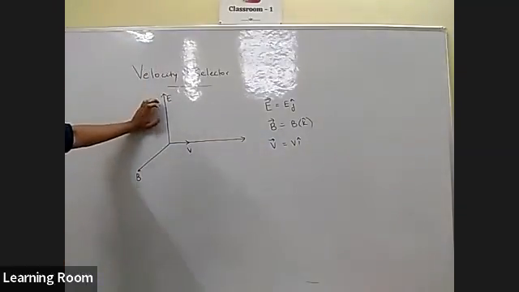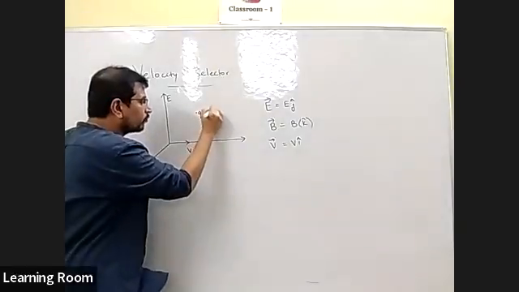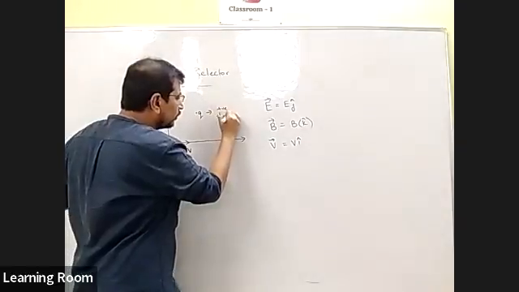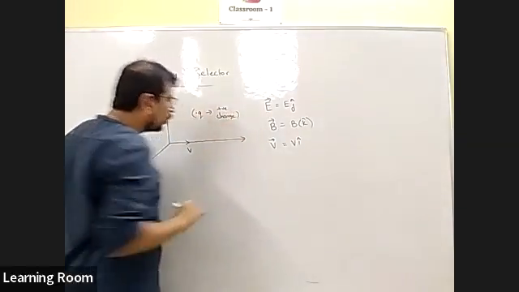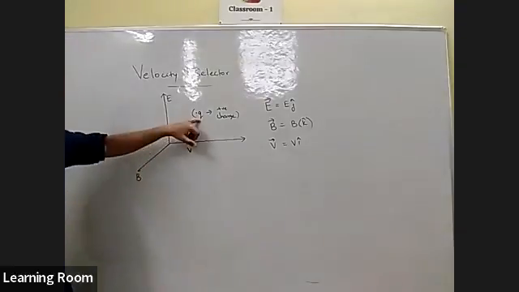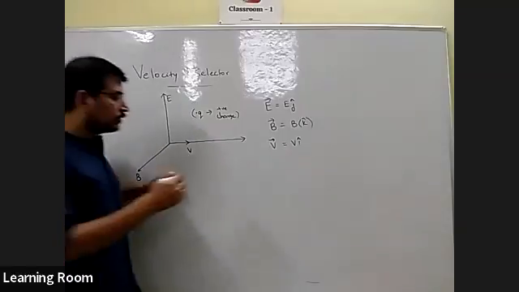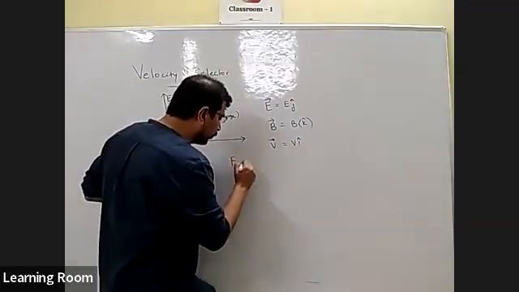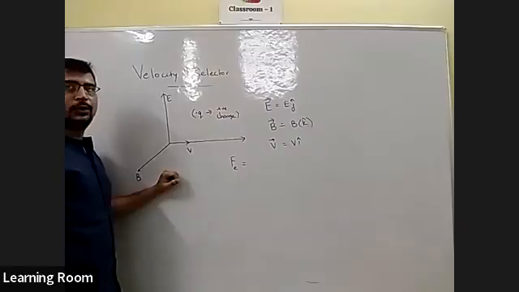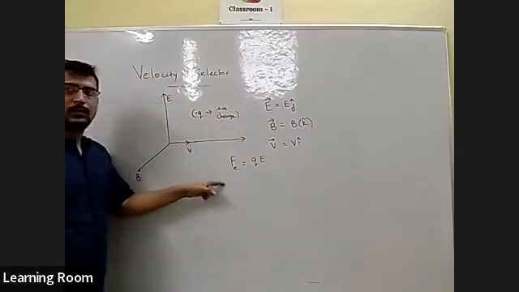If it is a positive charge, what would be the direction of force experienced by this charge due to the electric field? So what would be the electrostatic force experienced by it? It is going to be Q into E, and in which direction?